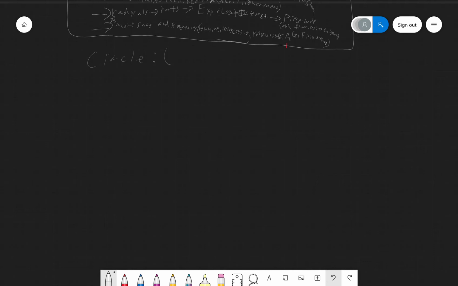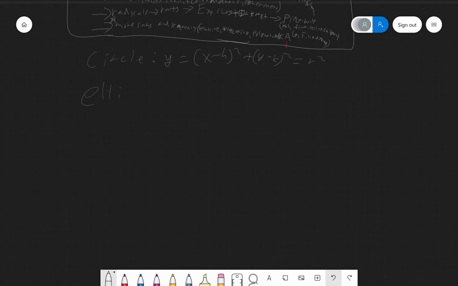So the circle equation is x minus h squared plus y minus k squared equals r squared. So yeah, that's the equation for a circle.